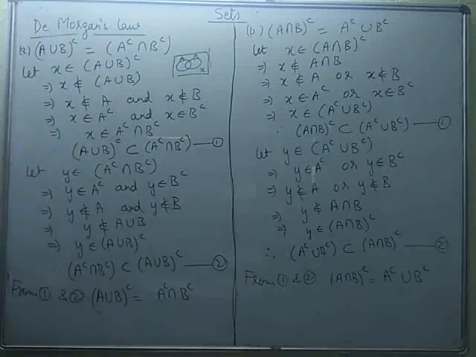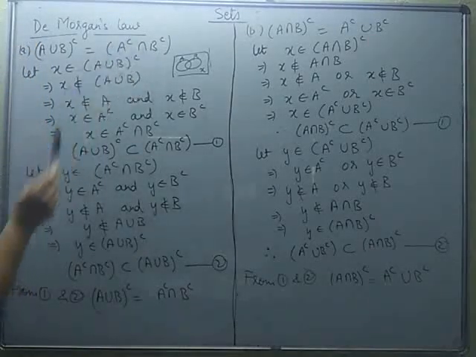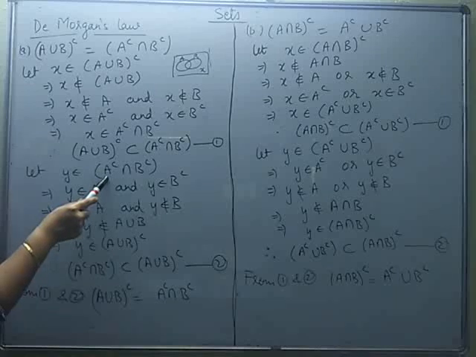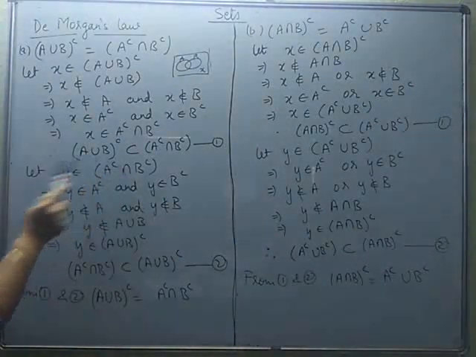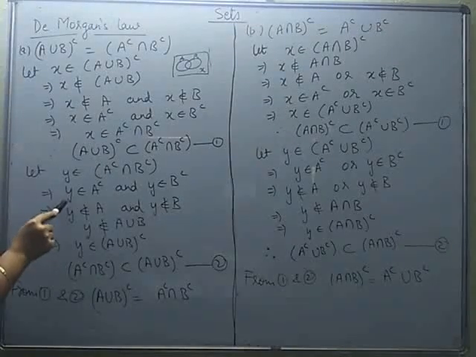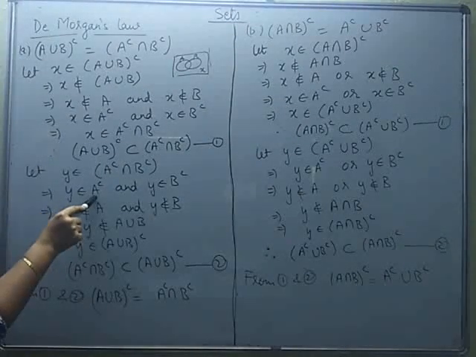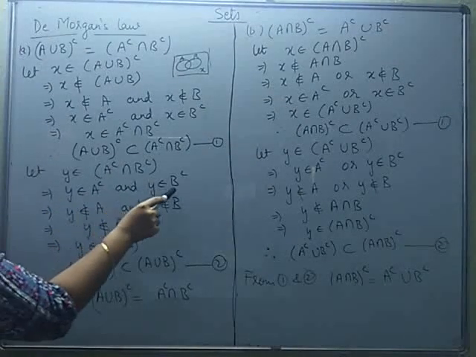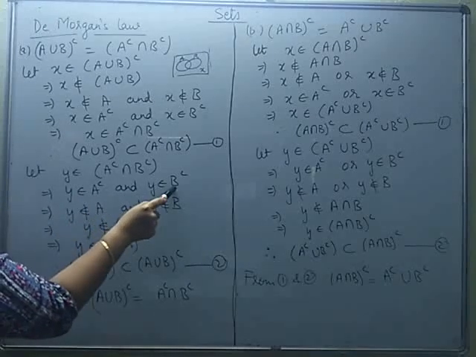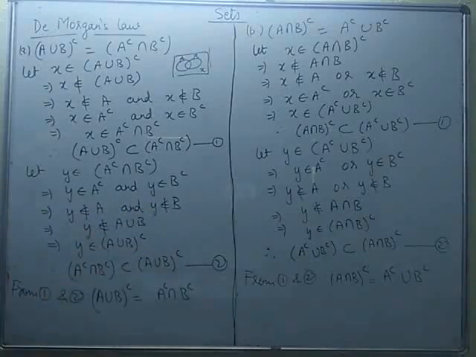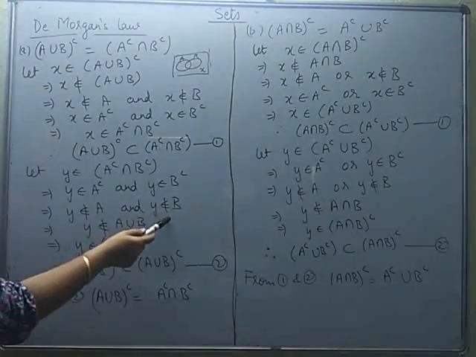Let us do it the other way. So I'll start from this set. Suppose Y belongs to A complement intersection B complement. So using the definition of the intersection of two sets, we can say Y belongs to A complement and Y belongs to B complement. Okay. If Y is in the complement of A, that means it is not in A. In the same way, if Y is in the complement of B, it is not in B. Now see here.